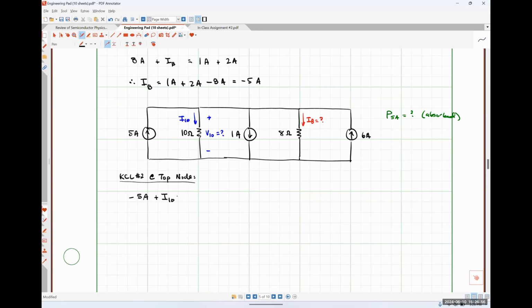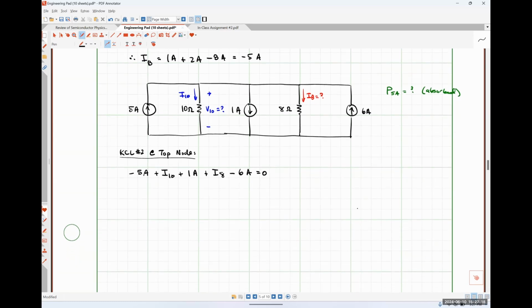The 1 amp source is exiting the top node, so it's going to get a positive sign. The current I8 is exiting the top node, so it'll get a positive sign. And lastly, the current of 6 amps is entering the top node, so it'll get a minus sign.